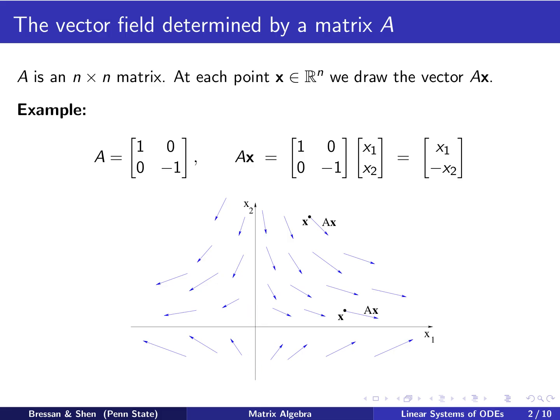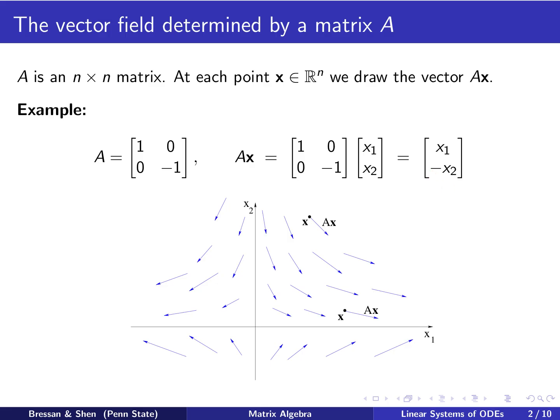At every point, you find the x1 value and x2 value of this product A times x. So the x1 value will be just x1, and the x2 value is negative x2.